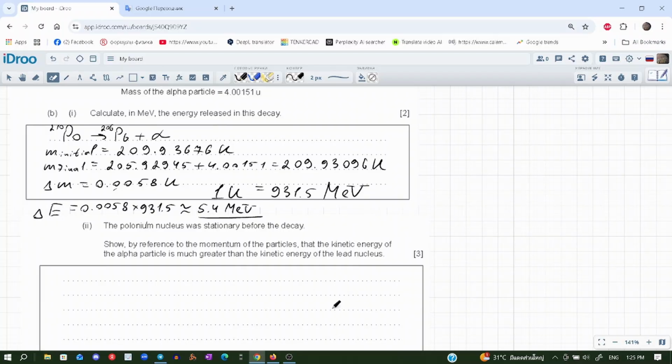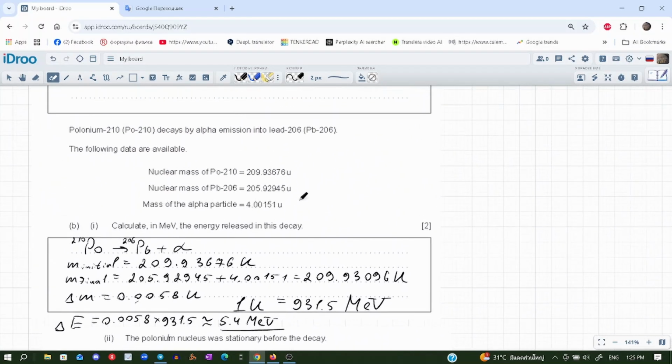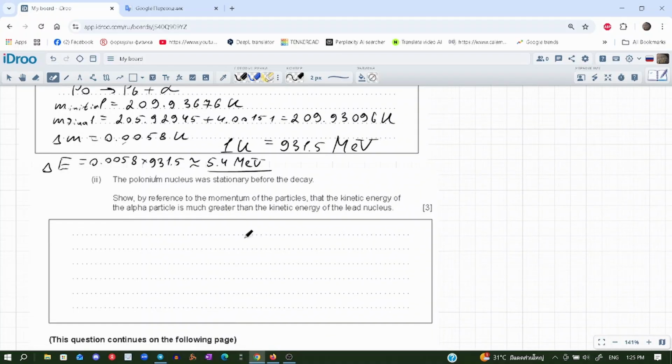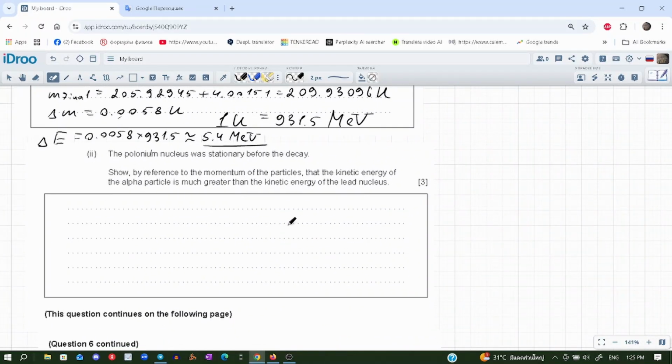The polonium nucleus was stationary before the decay. Oh, did I answer the question? Yeah, I answered. Okay. The polonium nucleus was stationary before the decay. Show by reference to the momentum of the particles that the kinetic energy of the alpha particle is much greater than the kinetic energy of the lead nucleus.